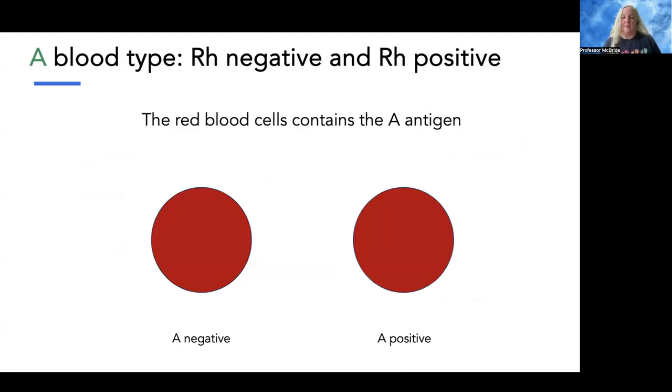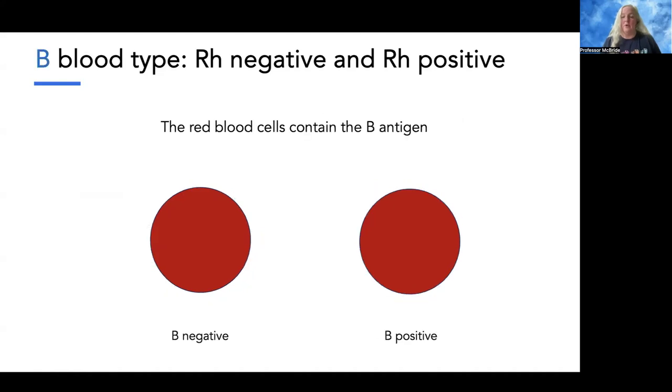So what about blood types? For the A blood type, we have a red blood cell that contains A antigens. If the red blood cell contains A antigens and does not contain the RH factor, it is A negative. If the red blood cell has A antigens but also contains the RHD factor, then it is A positive.